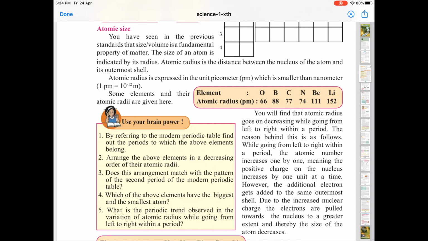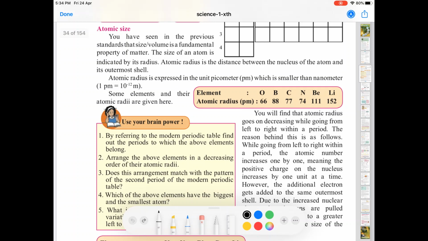Now when we talk about atomic size, we need to know what is exactly atomic size. So we should know that the atomic size of an atom is indicated by its radius. The atomic radius is the distance between the nucleus of an atom and its outermost shell.